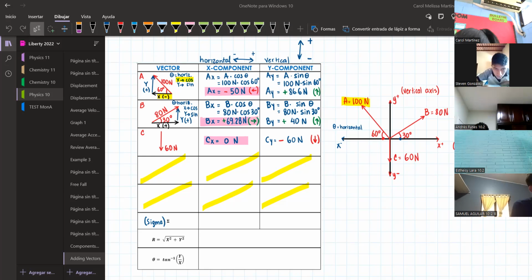This is going to give you all your x components. I got 19.28. Did you get the same answer as me? Yes, miss. Okay. Now I will do the same in the other column. I will add 86.6 plus 40 minus 60. How much is this?